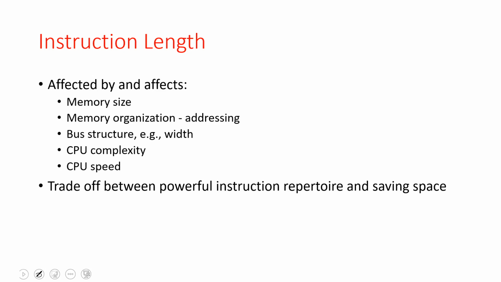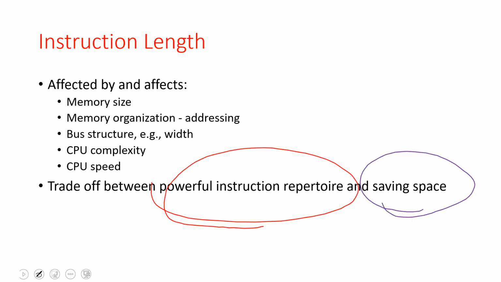So it is not that we always want one, but depending on the situation, we may want a set of powerful instructions, or sometimes we may want space saving depending on our application. Based on that, we will have to decide what we are going to do and what the length of the instruction is going to be in that particular instruction set architecture.